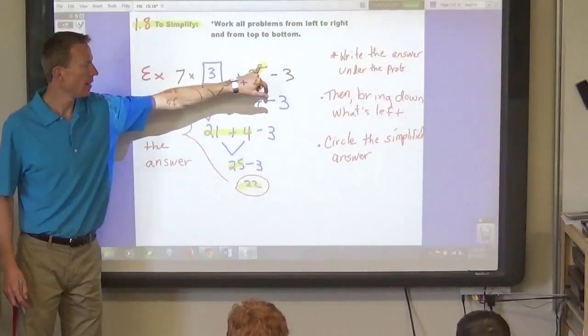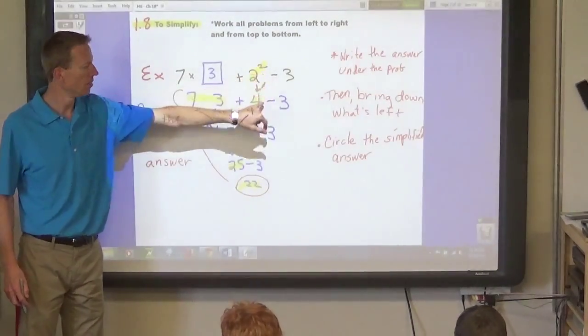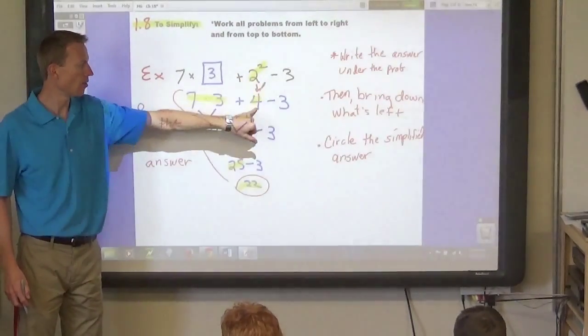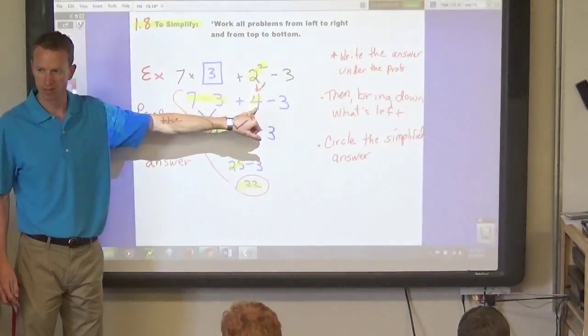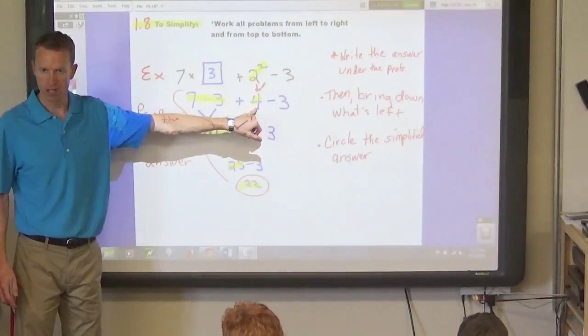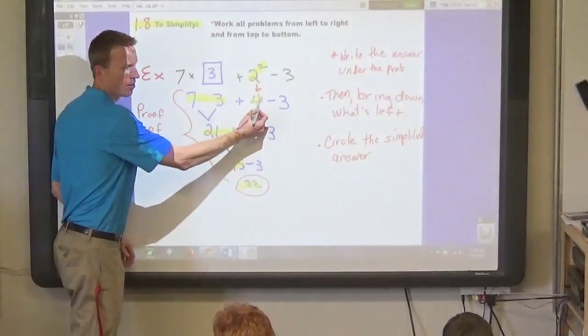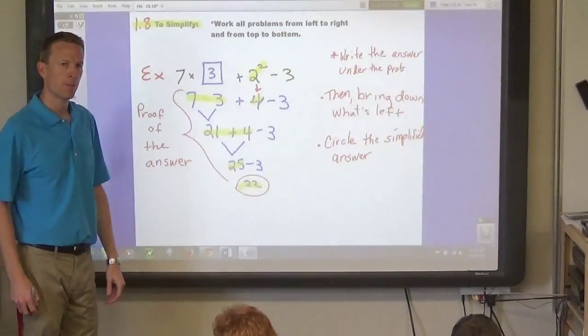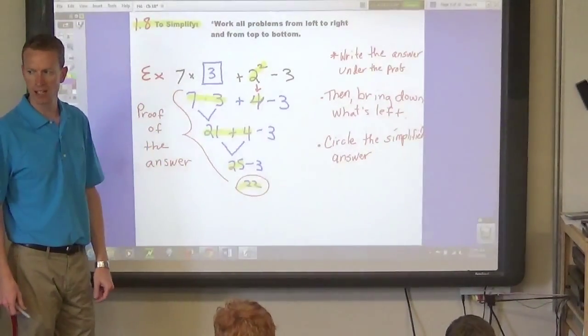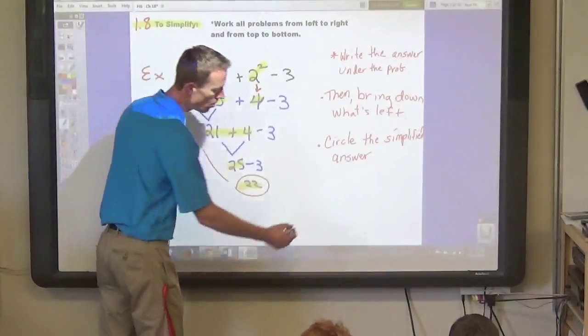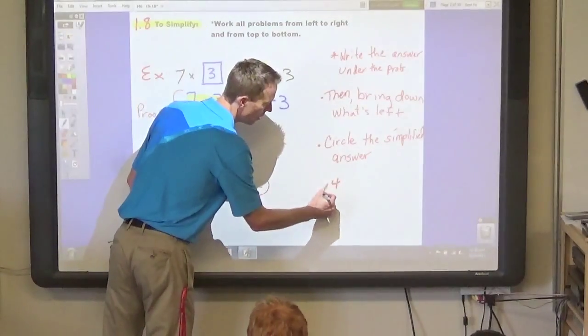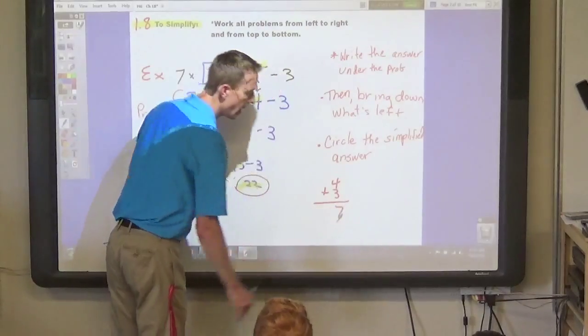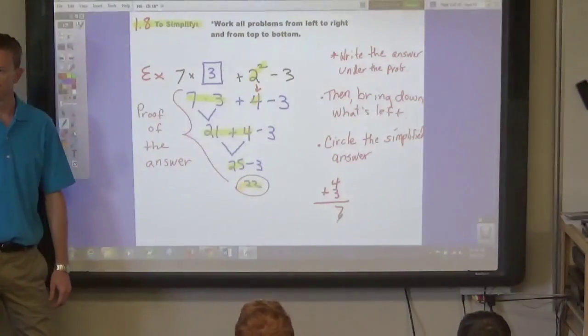So we simplified 2 squared. You write the answer to 2 squared right underneath 2 squared. Okay? This shows the answer. Kind of like when you were adding in 2nd grade, you would add numbers like 4 plus 3 and write the answer underneath it, right?